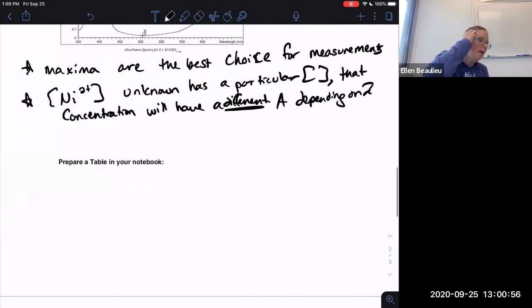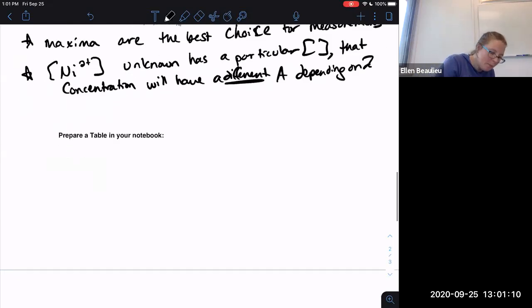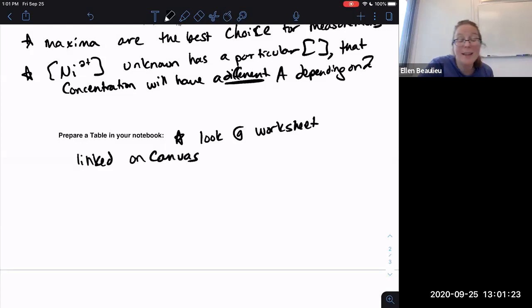Okay, you're going to measure absorbances of all the standard solutions to make curves for each different wavelength, and then you're going to determine the concentration of your unknown for 3 different wavelengths. So you're going to prepare data tables in your notebook. I'm going to encourage you to look at the worksheet linked on Canvas for some ideas about the data tables that you'd want to put in your notebook.